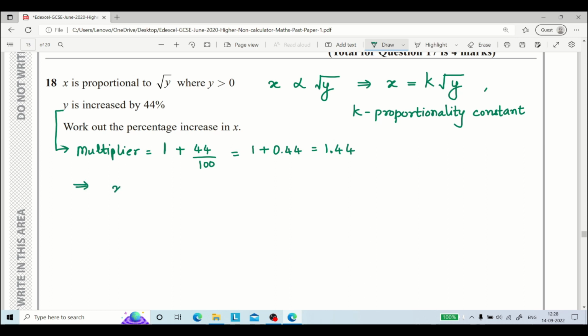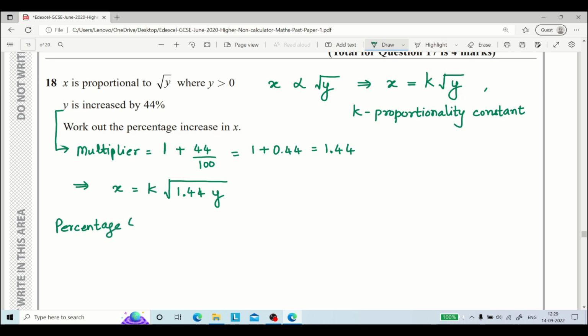This means your x is equal to k into 1.44y. Yeah, because x is proportional to y. So if y increases, x will also increase by this much amount. Now what do we need to find out? We need to find out the percentage increase.